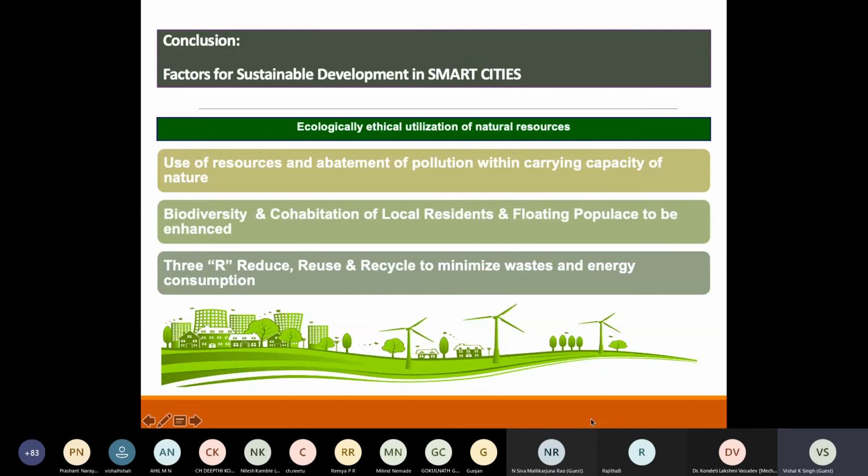That is, the 3 R's, which is reduce, reuse, and recycle. Now, if we are able to optimize our resources, our technology, our existing methods in such a way that they are able to provide better solutions for these problems which we experience in our day-to-day life.